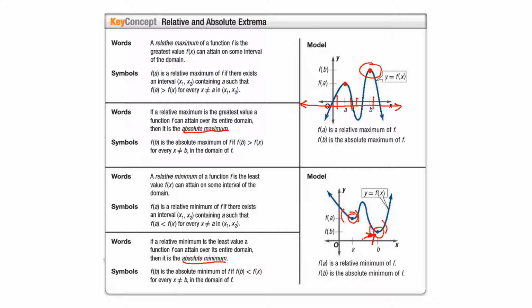One thing I do want to note here, if you were trying to find the absolute maximum of this one, this goes on forever, and so it would be infinity. So this has no absolute maximum. In the same way, this goes down forever, all the way to negative infinity. So there is no absolute minimum.